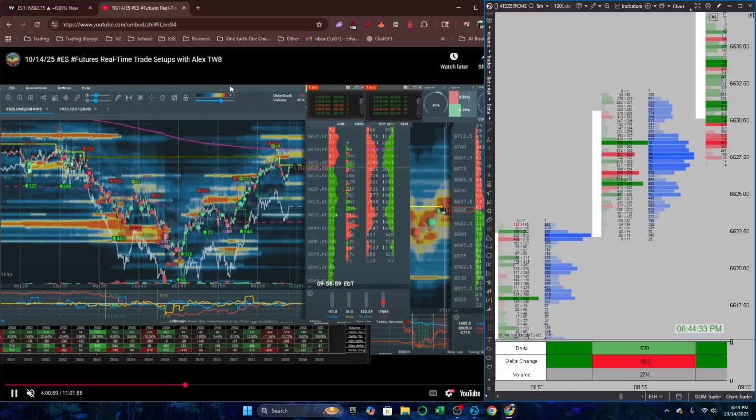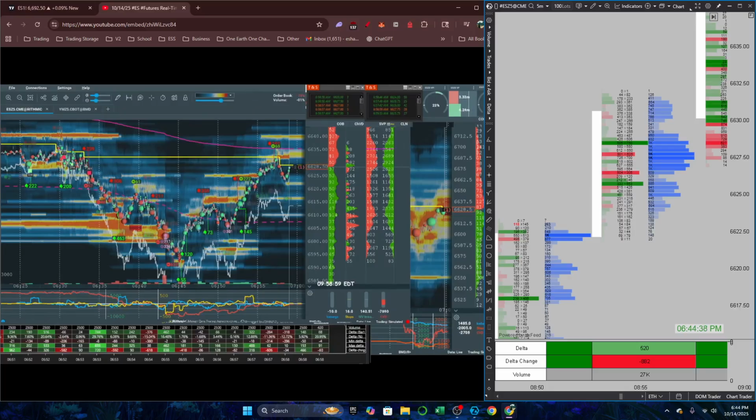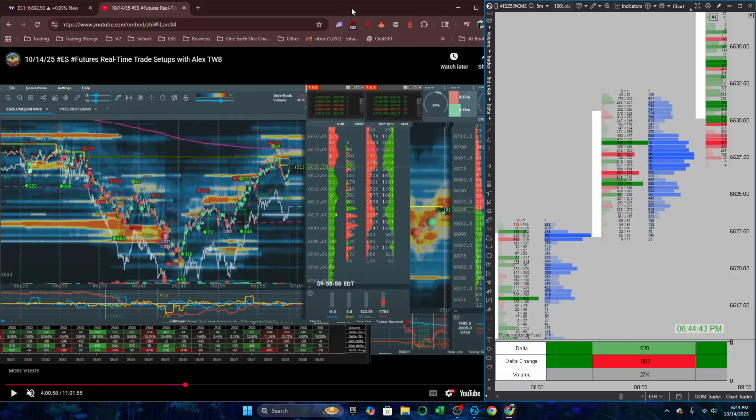Buying pressure came in. Seller removed itself. This is very algo-like, right? Because look, at our point of control, right as we came to that point of control, selling. Right as we got to that point of control, we saw a passive sell order. Now, we pushed down again. We went up. Now, right as we touched the new point of control that was made, this seller removes its order.